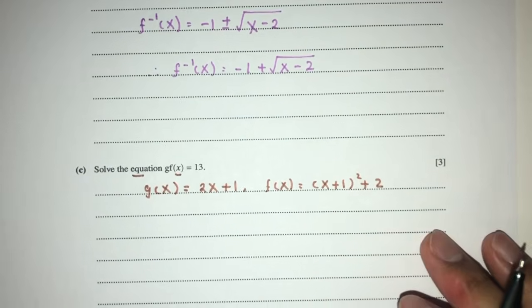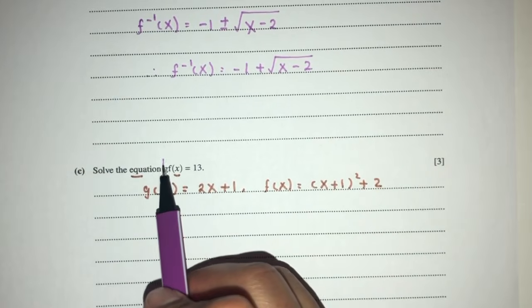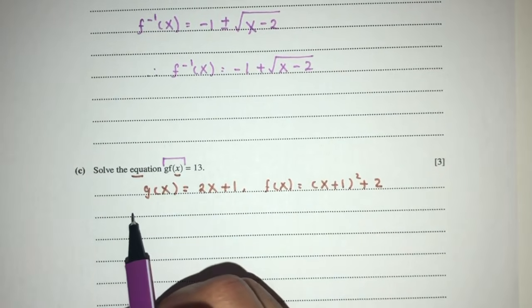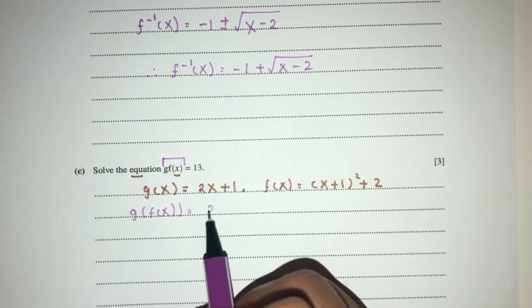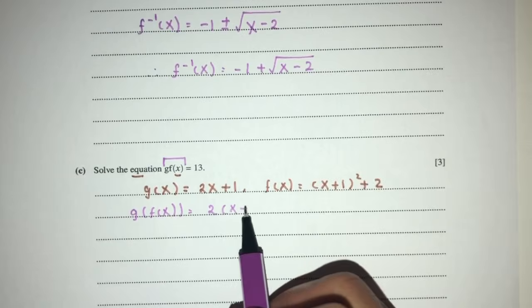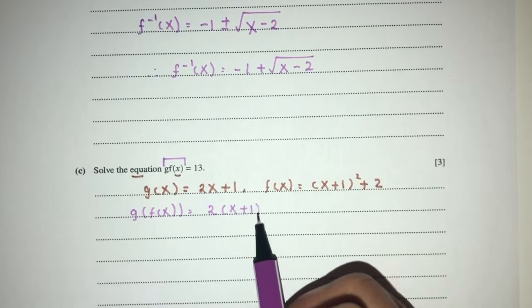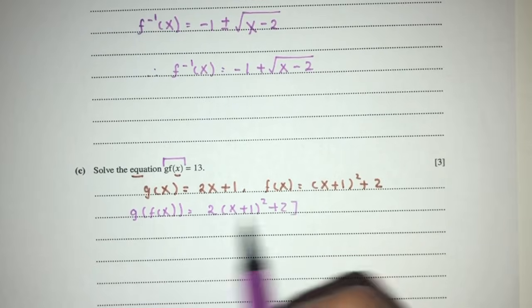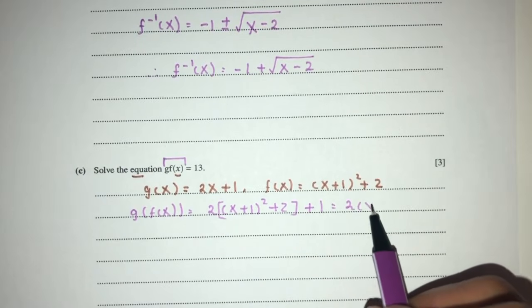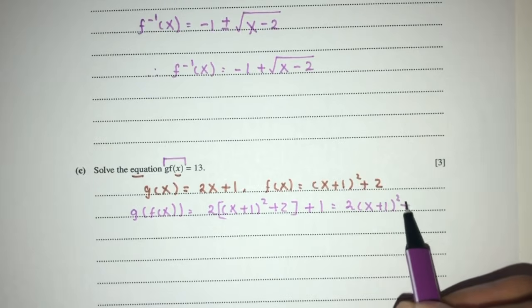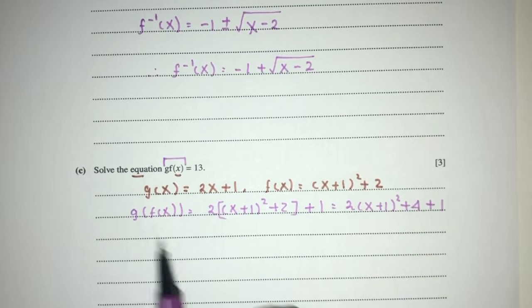Now let's solve this. So we can first find what this value right here is. That will be g of f of x. That will be 2 times f of x, which is (x plus 1) square plus 2, and plus 1.